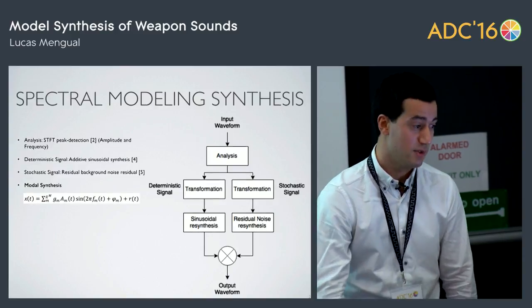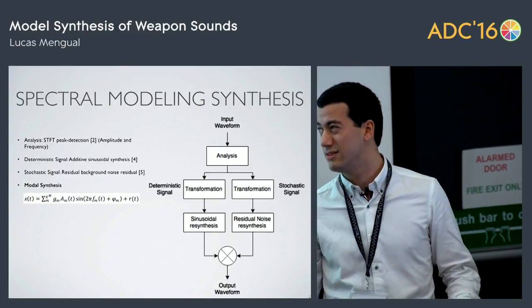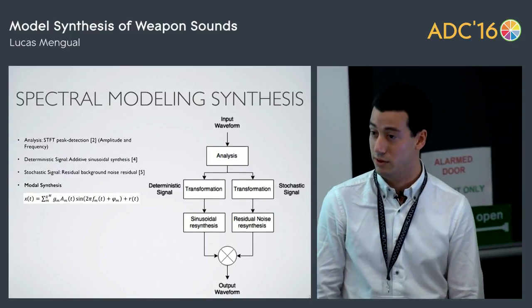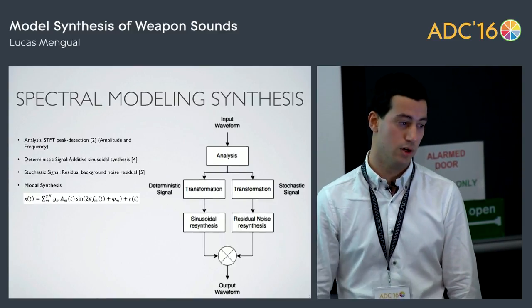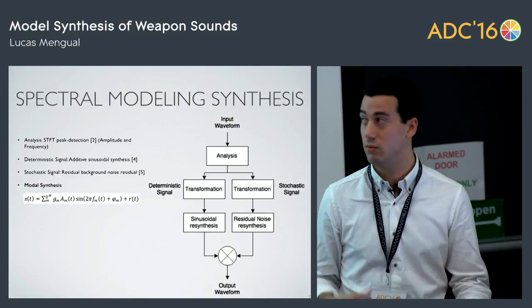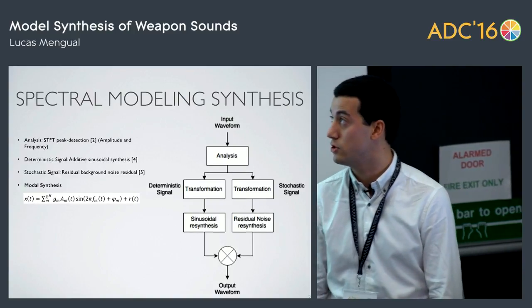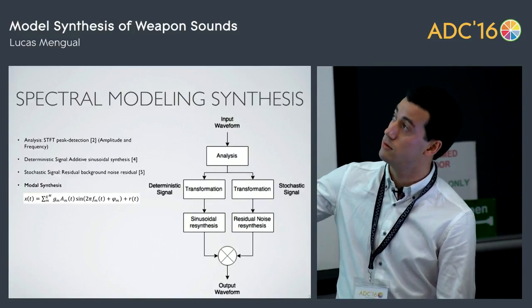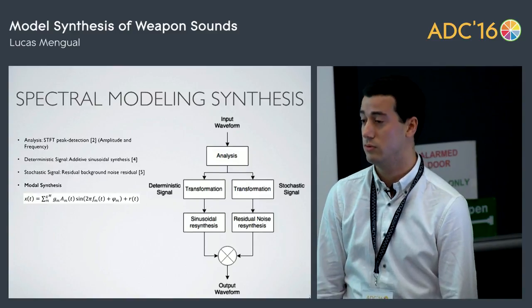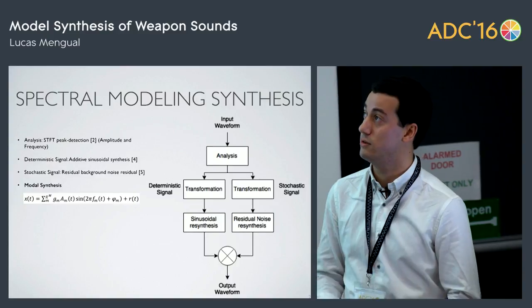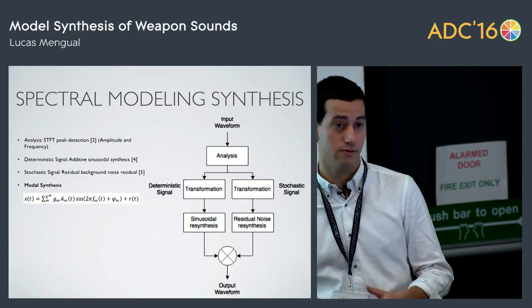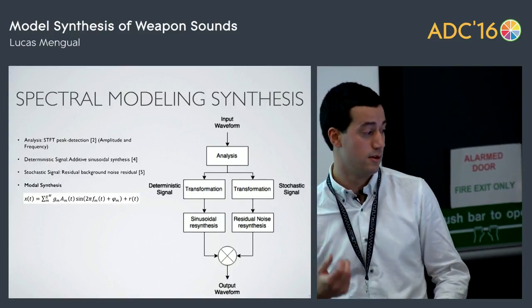For the SMS model, this is a summary of what the model I built does. At the beginning we do some analysis. We use a short-time Fourier transform to collect the amplitude and the frequencies of each of the modes of the sample, so the weapon sounds.